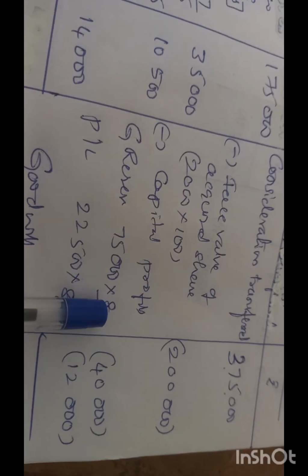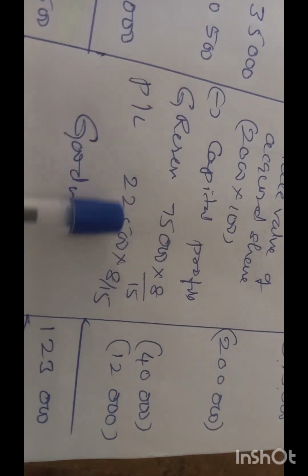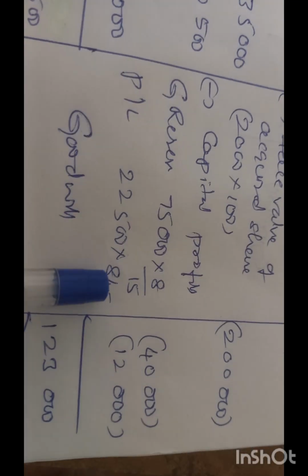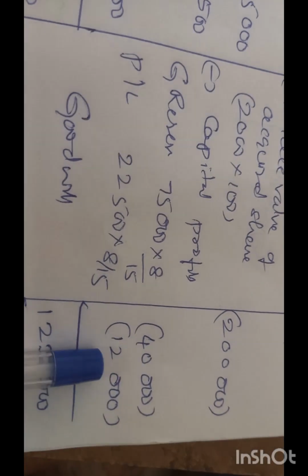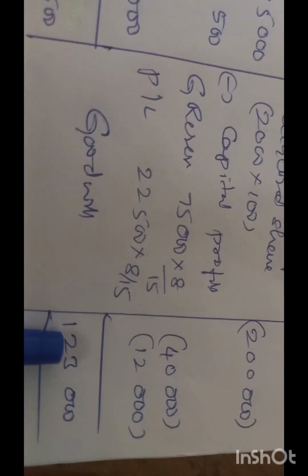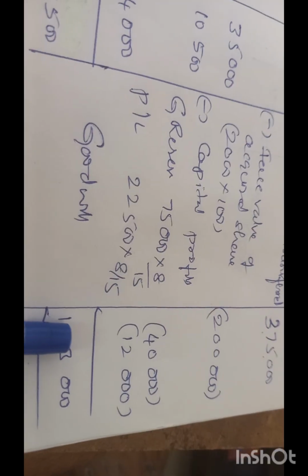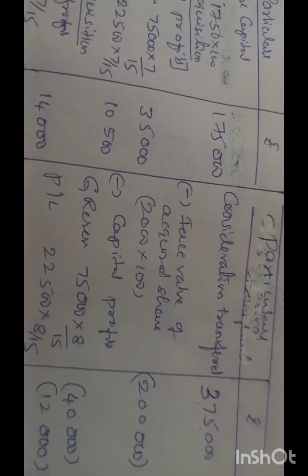So we have general reserve 75,000, 8/15. 8/15 is controlling. Profit and loss account also same, 22,500, 8/15. So we'll calculate 40,000, 12,000. From 3,75,000, we will subtract all these things. We'll get 1,23,000. That is positive. So we are writing as goodwill. If it is negative, we'll write as capital reserve.